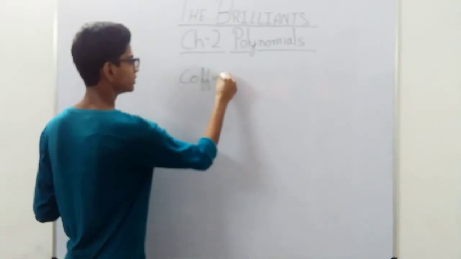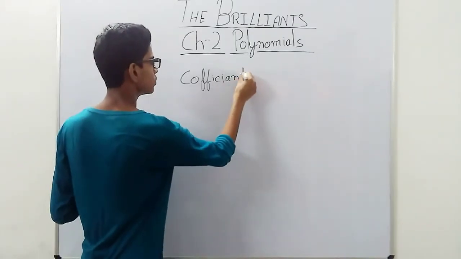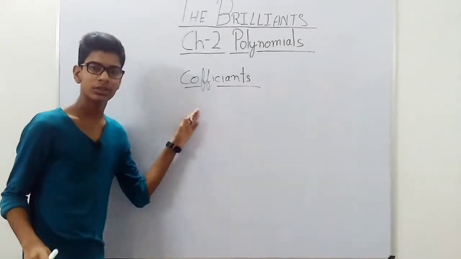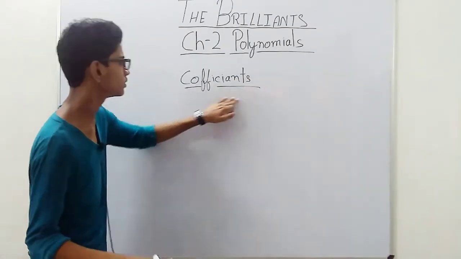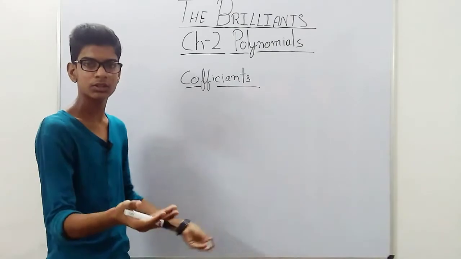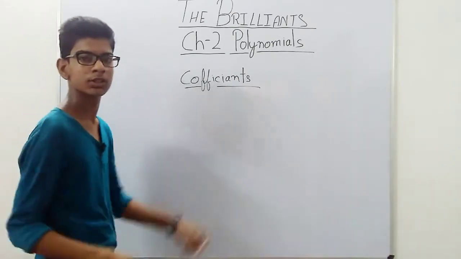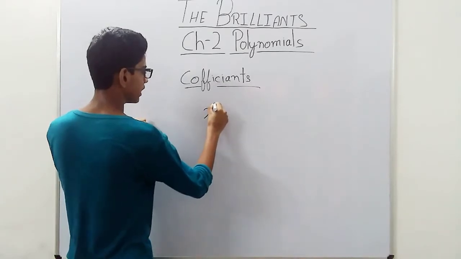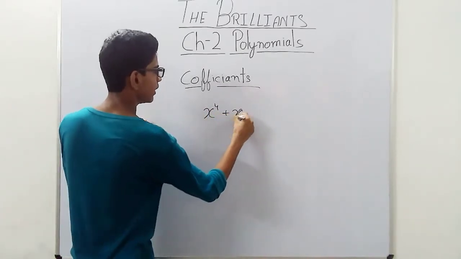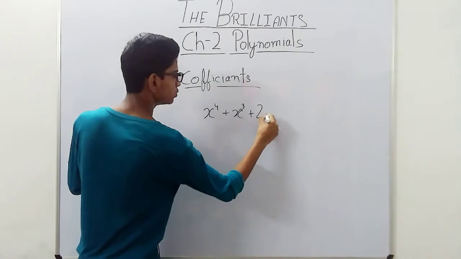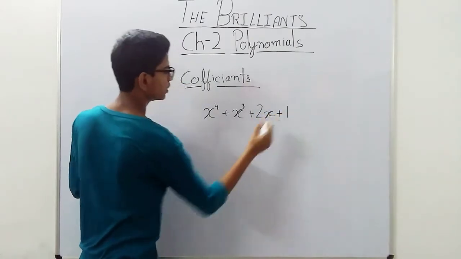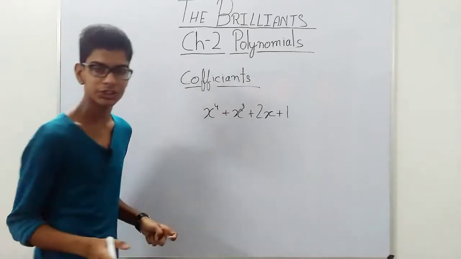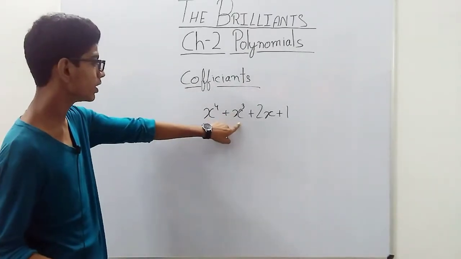In English, what does the word coefficient actually mean? The coefficient means the partner or the sathi. So if we write a polynomial x to the power 4 plus x cube plus 2x plus 1, we can find the coefficient of x to the power 3.